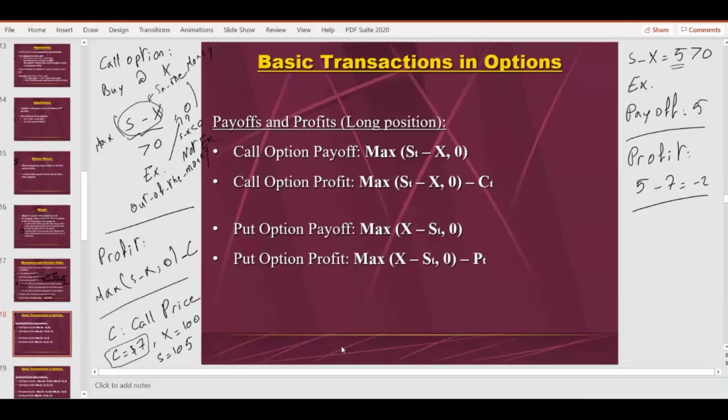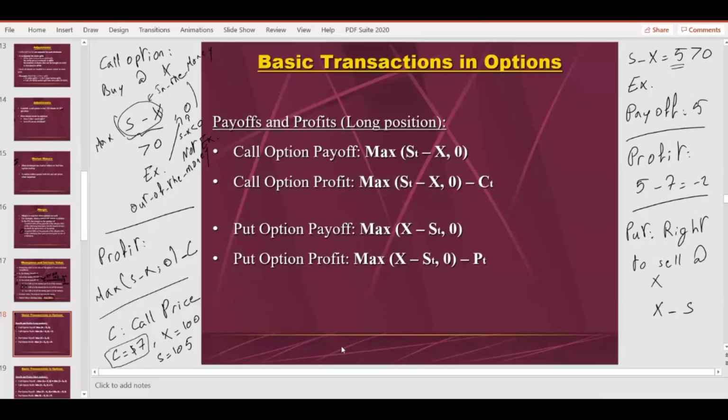Now regarding the put option, the put gives you the right to sell at X. So you sell at X, it means that you will receive plus X, and you can buy at the market price S. In case X minus S was positive, you're gonna exercise your put option.